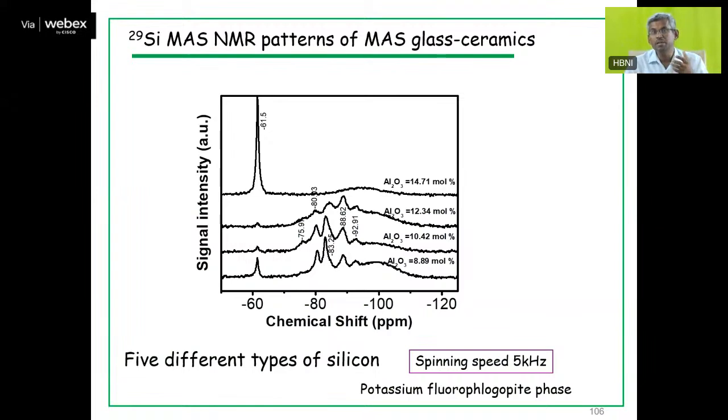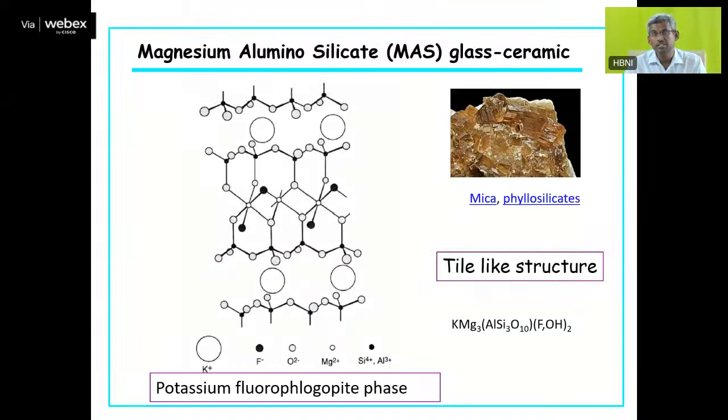People were doing that randomly, but a scientific explanation has been given based on silicon 29 magic angle spinning NMR. The reason this phase gives the machinable nature is that it has a structure similar to tiles. In the olden days, the roofs of houses were made of tiles, and you have a tile-like structure. A tile-like structure is like a graphene or graphite type of structure, so the layers can be easily removed or are flexible.